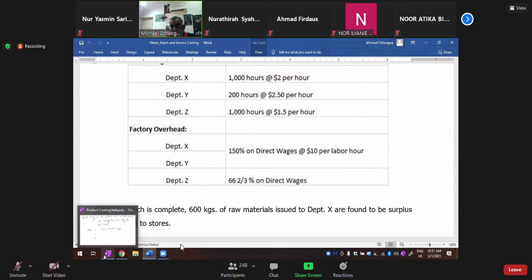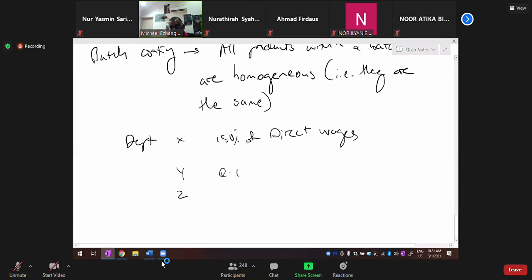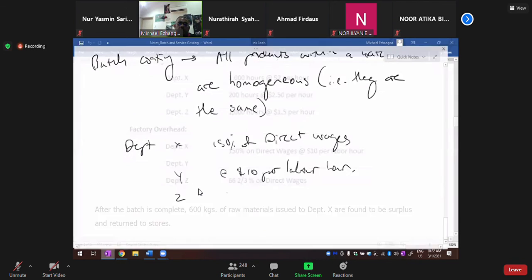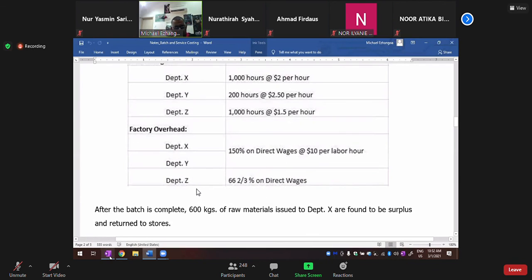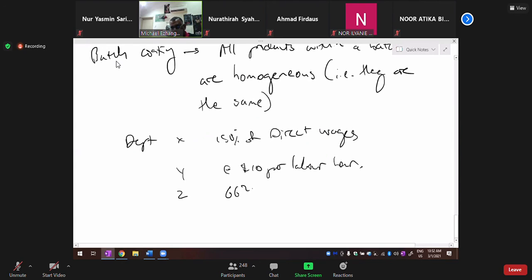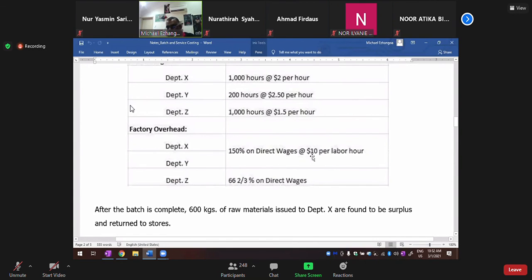Department Y at $10 per labor hour. Last one is Z, 30% of direct wages. I think both of these are accidentally on the same line.